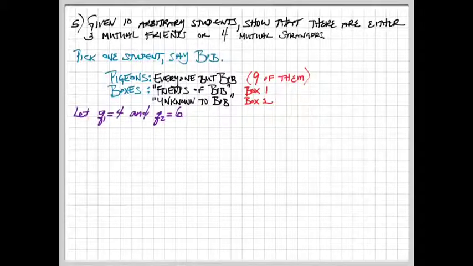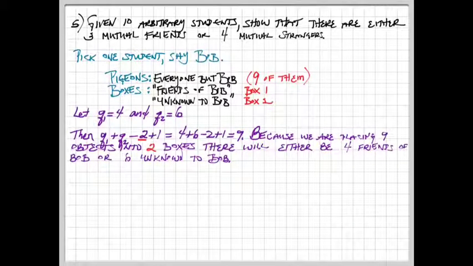This time, rather than filling the boxes evenly, as we did in the previous example, we're going to use the strong pigeonhole principle and have slightly different target levels. So for the friends of Bob box, we're going to look for a fill level of 4 people. And for the strangers of Bob box, we're going to look for a fill of 6 people. And now we're going to use the strong pigeonhole principle.